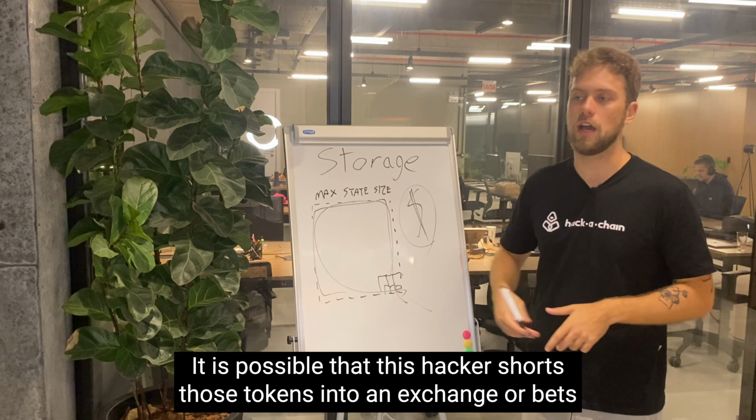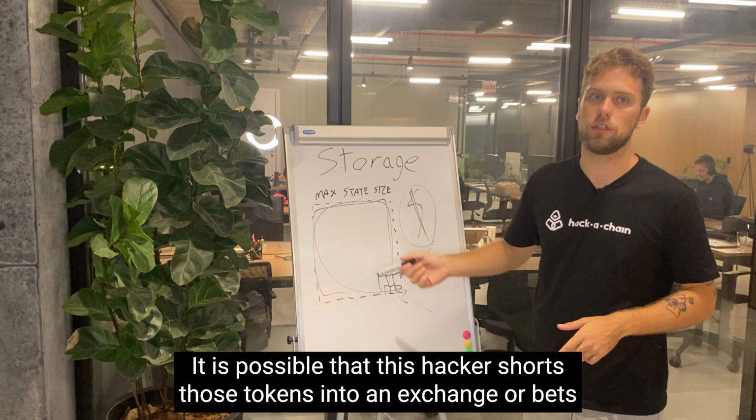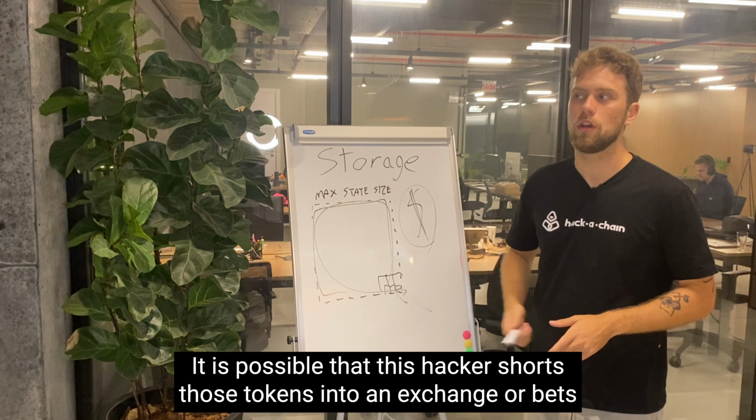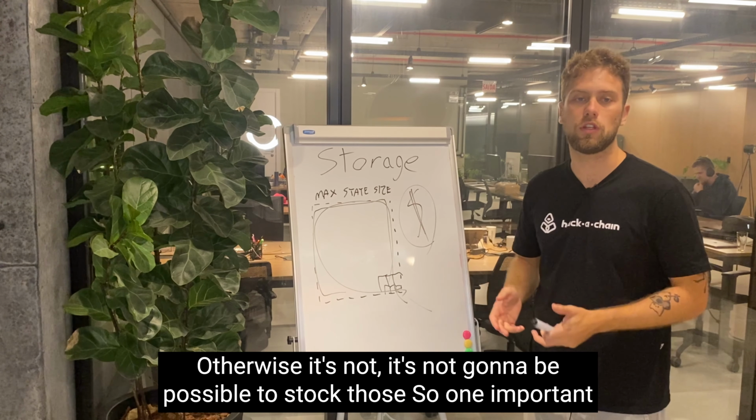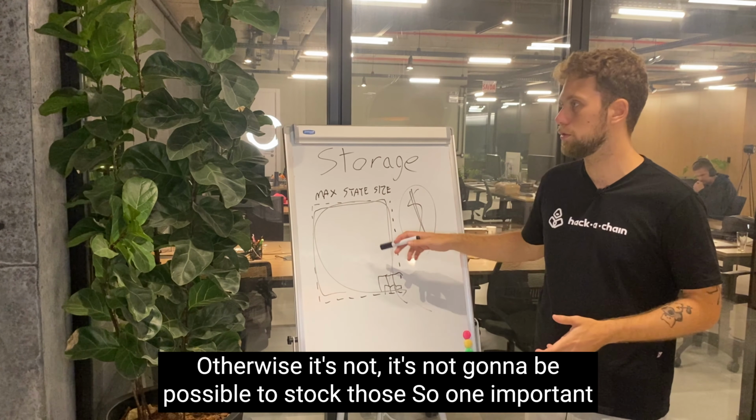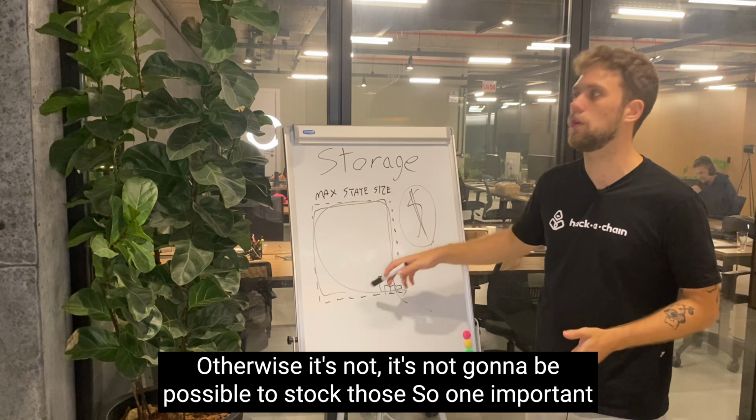It is possible that this hacker shorts those tokens on an exchange or bets that their price is going to get lower, and does the hack so that your network goes down and your token loses value and they make money from it. So it is possible to profit from this as well. So be very careful with this, and every time you insert new state into the blockchain, you have to charge something. It has to have some kind of economic cost, otherwise it's not going to be possible to stop those DOS attacks.